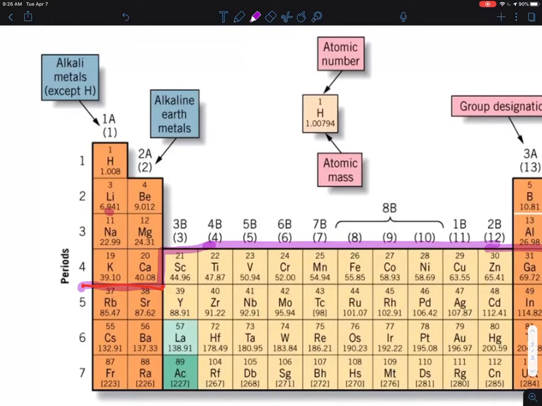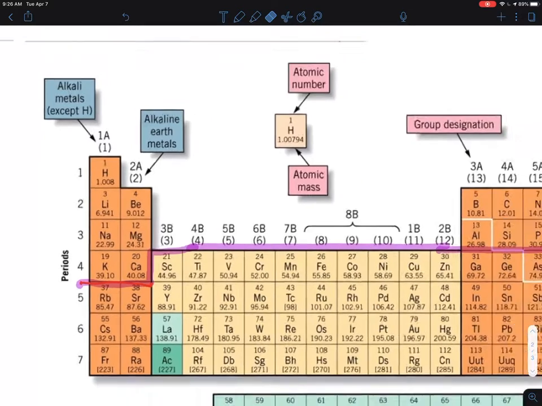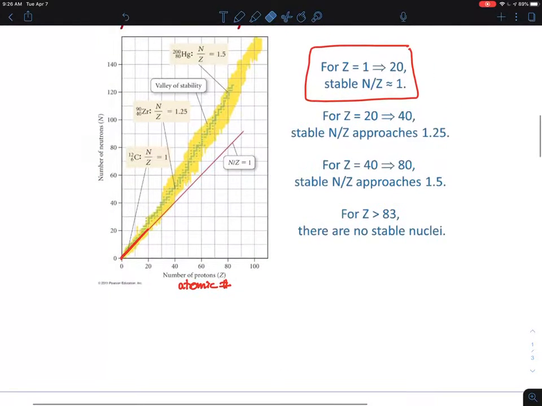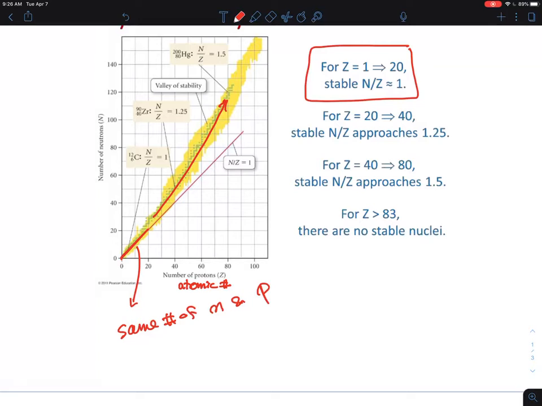You see these atomic masses are not exactly integers because there is always an abundance of different isotopes. But the rule of thumb is, up to here it's good to know: the same number of neutrons and protons. And then they start to deviate from the top portion, right?